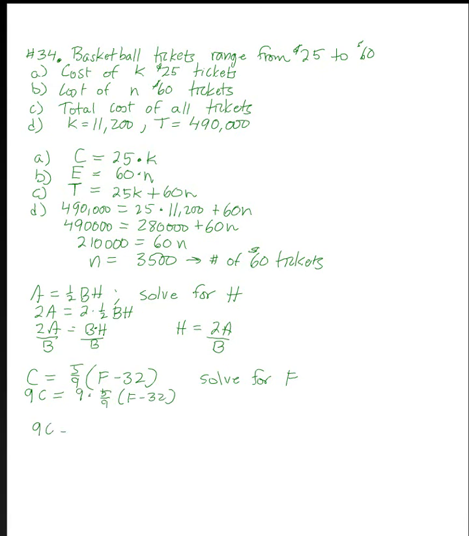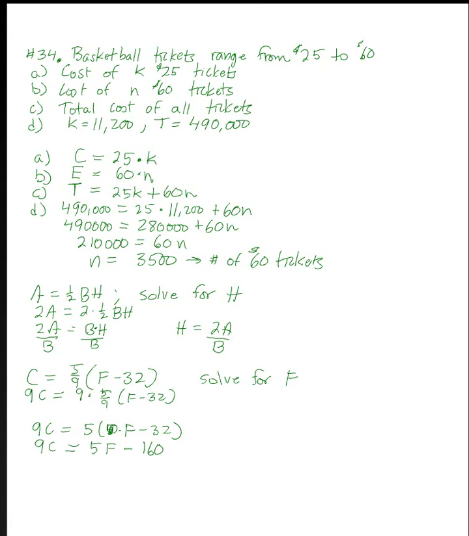That's the same as 9c is 5 times f minus 32. All right, the next thing I would do is get rid of the parentheses. I would use the distributive property. So 9c is 5f minus 160.